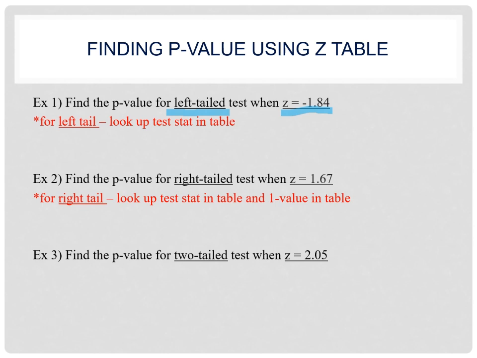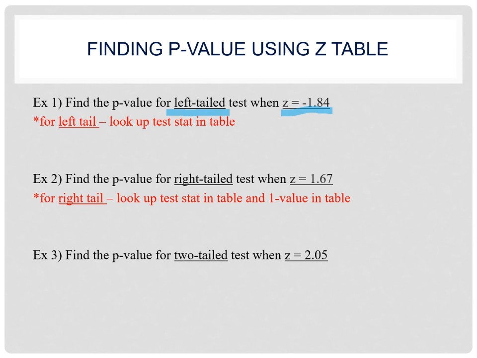So before we do the next one, I'll actually say what the p-value is. So negative 1.84, you should find your p-value is 0.0329.